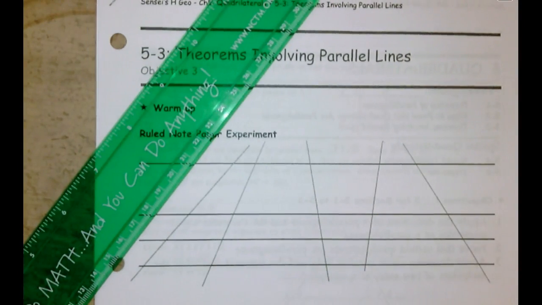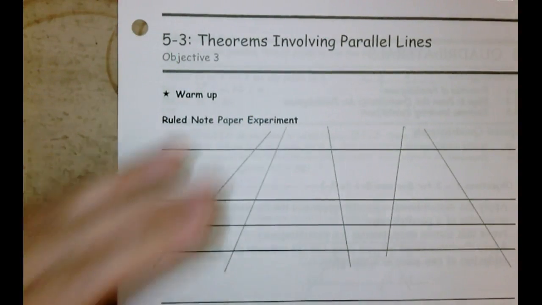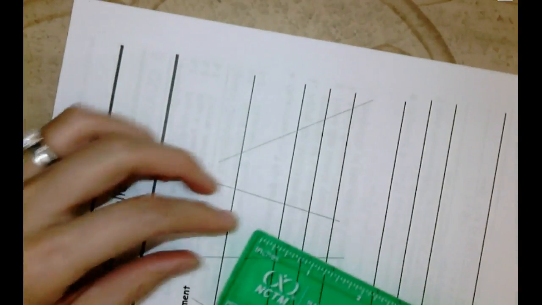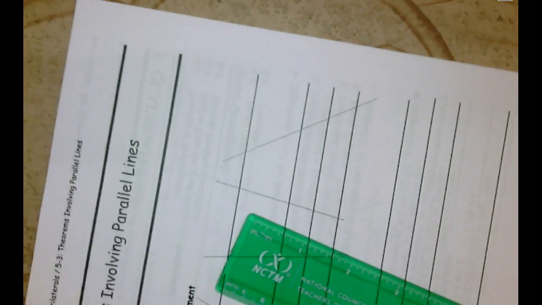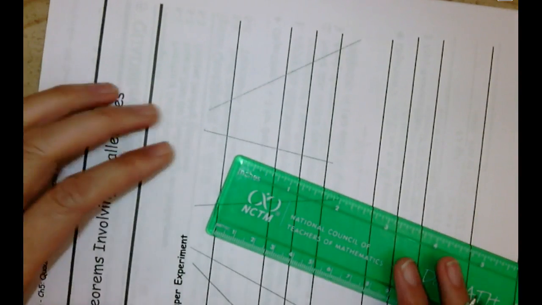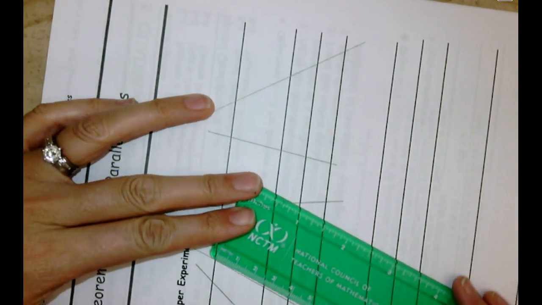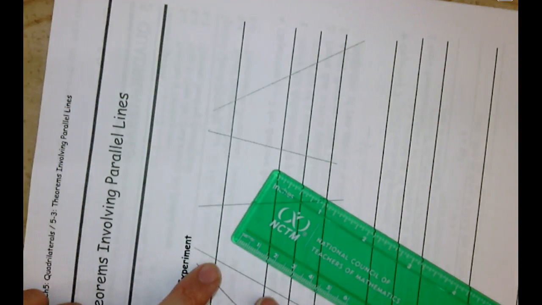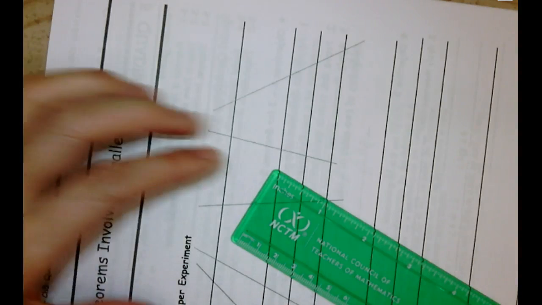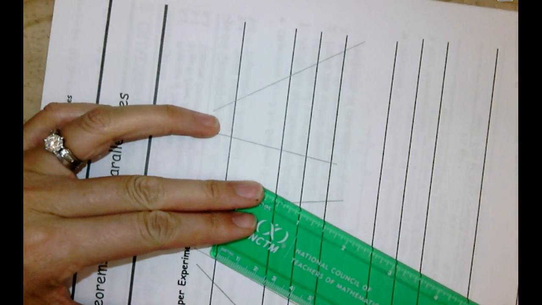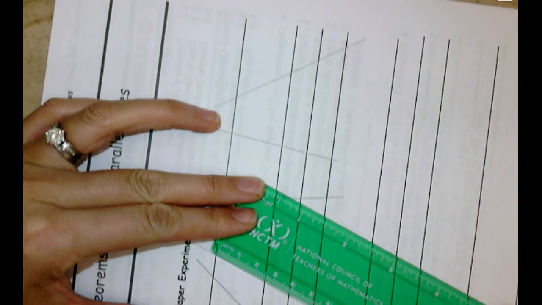Okay, and just pick one of them, and I want you to take a measurement. You probably want to use the measurement of the centimeter, so the tick marks are smaller. So I'm measuring. I want you to measure the distance between the two lines. I'm measuring here.